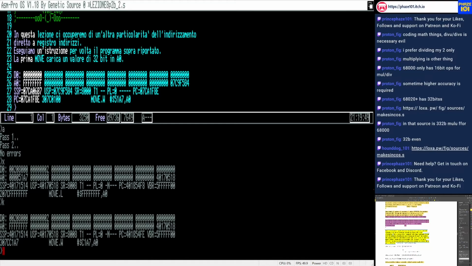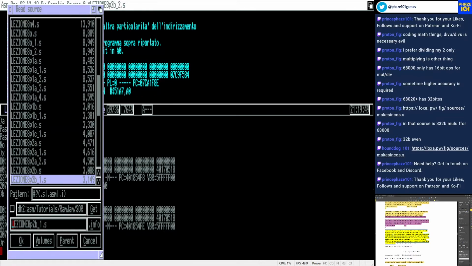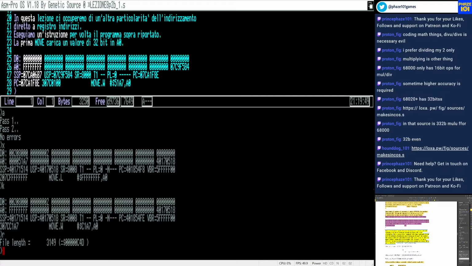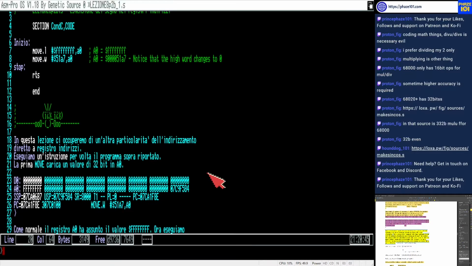I said it wrongly before. The N flag was set also in the previous example. Sorry for that. I'm just going to bring the previous example back. I'm just realizing now that I said it wrongly. When we executed this line, the N flag was set.